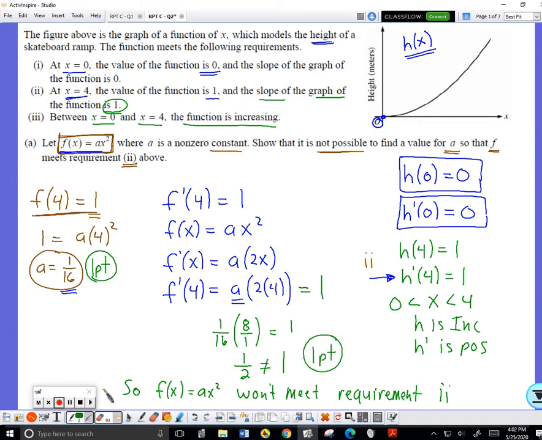I don't really think you need to have that statement. They just said show. We showed it by doing the work in brown and the work in blue. So this work combined with this work, I guess the little extra in green, that would give us the 2 points. So part A, 2 points total.